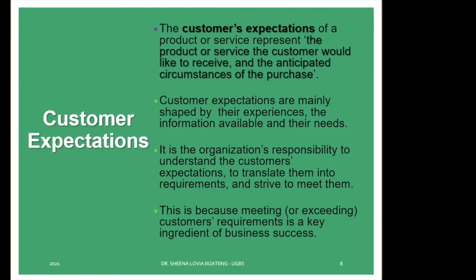Anticipated circumstances. So let's look at it in terms of people, processes, and physical evidence. What are some of the processes involved in buying a car? Processes. Let's say you are buying a home use car.